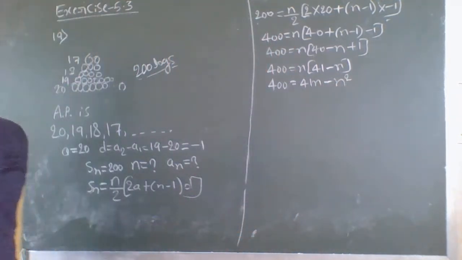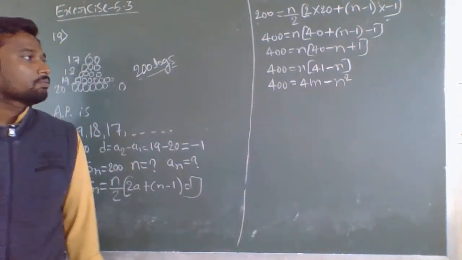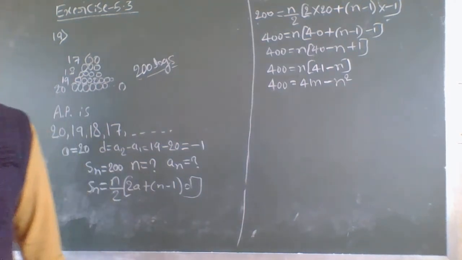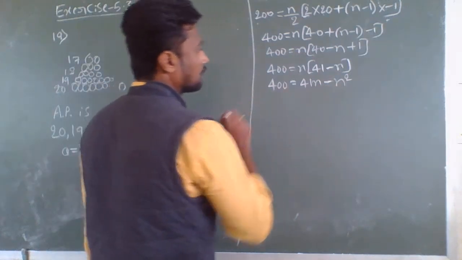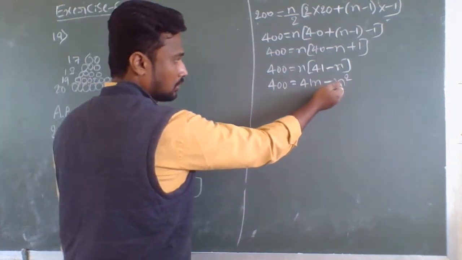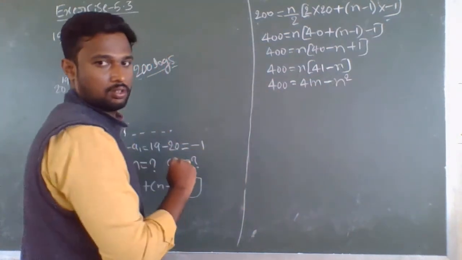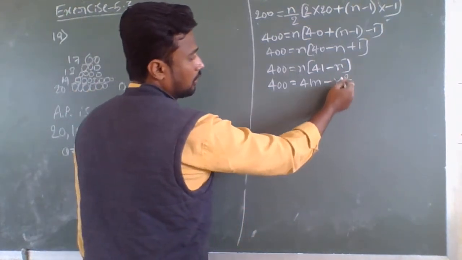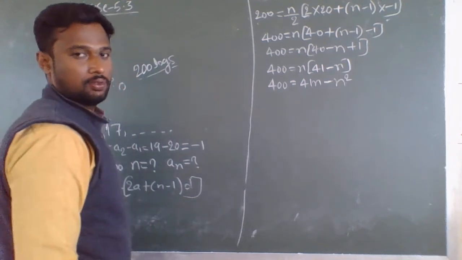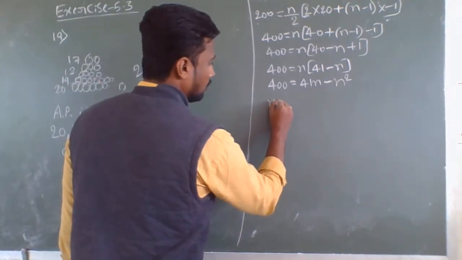So 41n minus n square. Now to get the positive n square value, I will move this n square to the other part. Always in a quadratic equation, this value should be positive. So now what can I do?